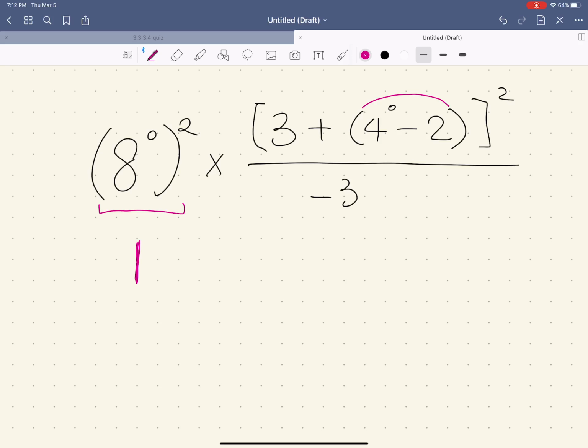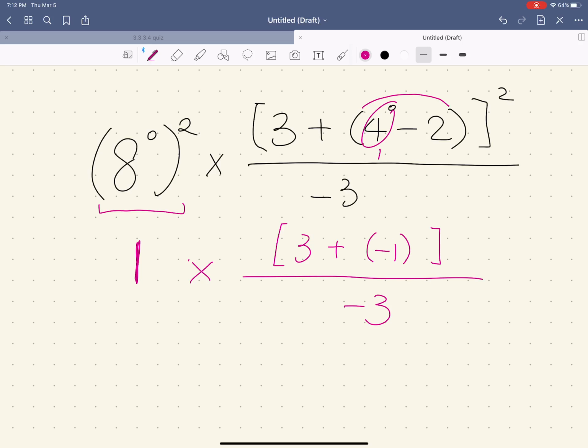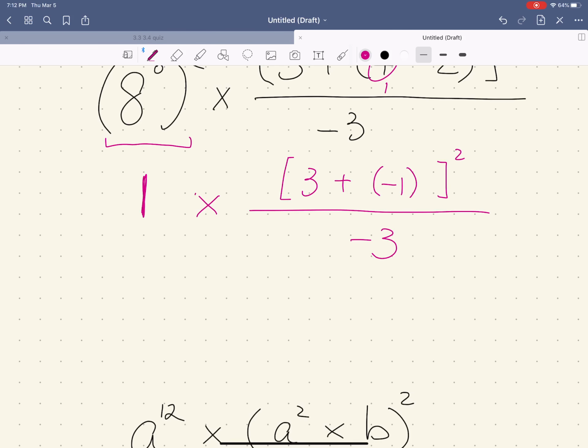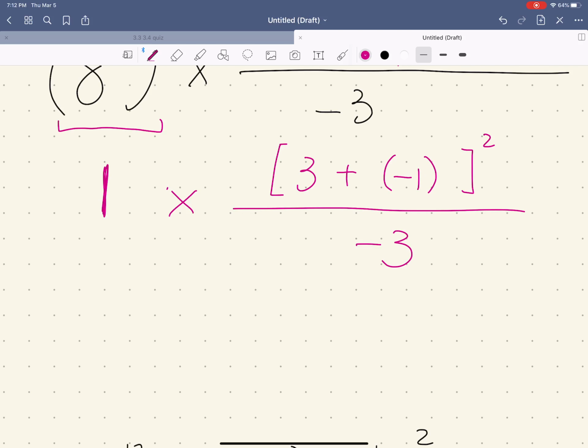So that part there, I'm just going to rewrite this. I'm just copying down there. This is 1. 1 minus 2 will give you negative 1. So that's a negative 1. All right. And so inside the bracket, you keep solving it. That's basically a giant minus.